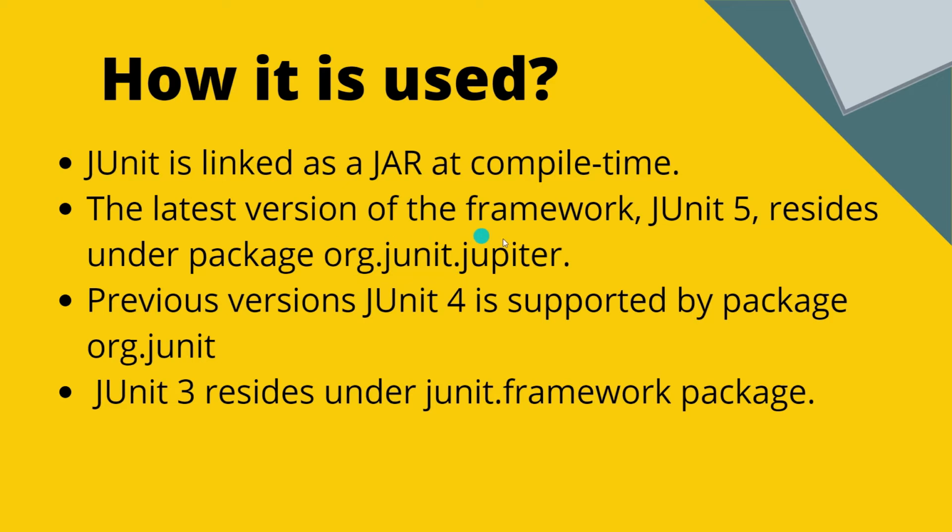So you have to import this package to avail the abilities of JUnit 5. Similarly, the previous version JUnit 4 was supported by the package org.junit, while the previous version JUnit 3 resides under the package junit.framework.